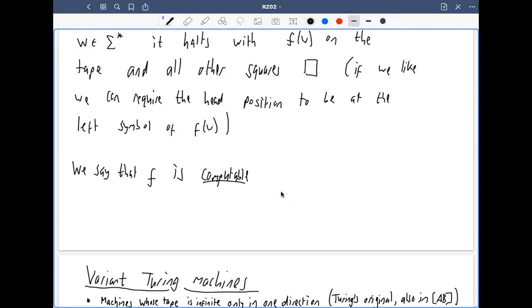Or if not, to what extent can we say how hard it is to compute the function? So we say that f is computable if there exists a Turing machine that computes the function f.